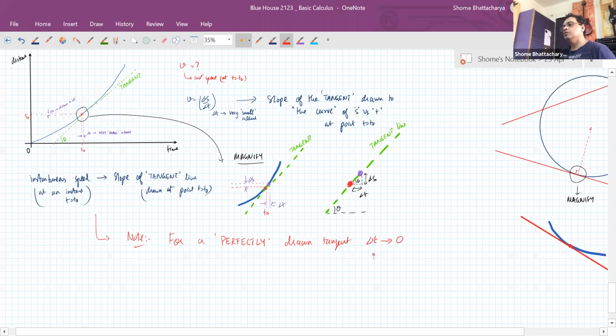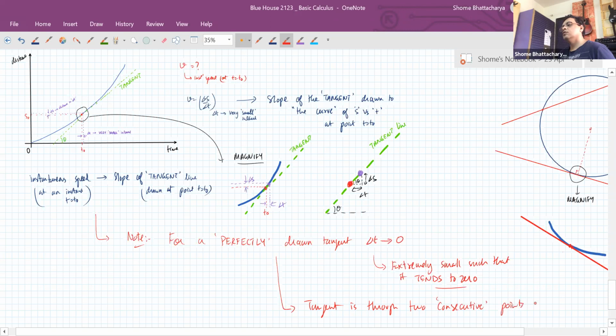It's extremely small, such that it tends to 0. That means the tangent is through two consecutive points on the curve.